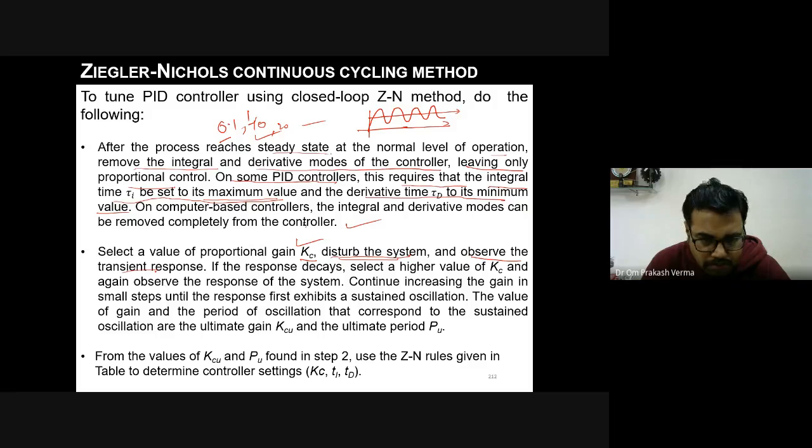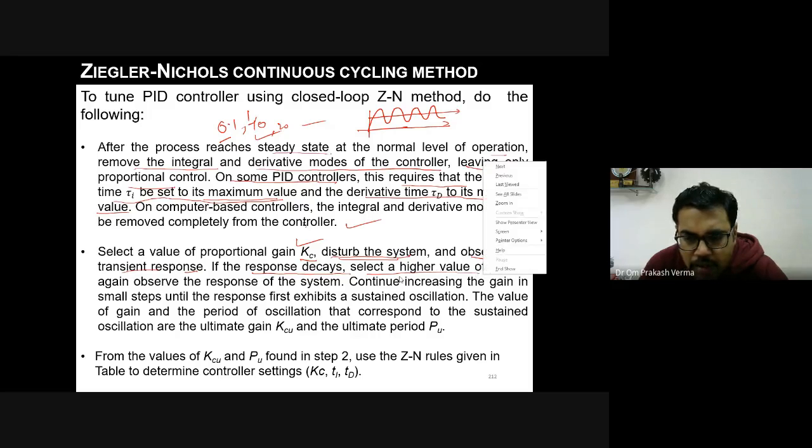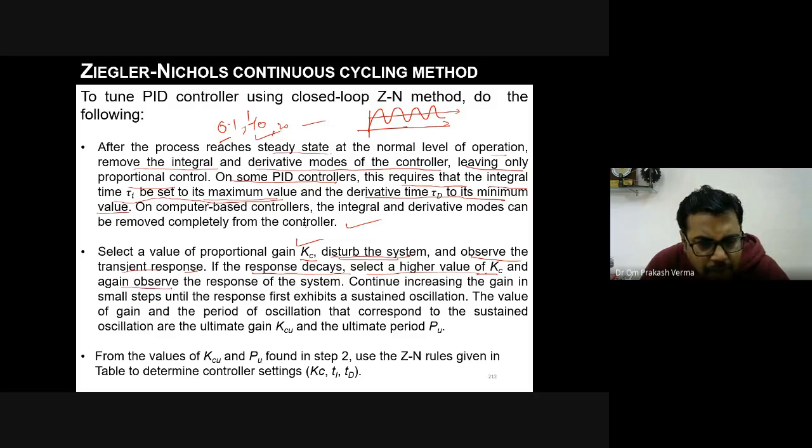If the response decays, then select a higher value of Kc and again observe the response of the system. Continue increasing the gain in small steps until the response first exhibits a sustained oscillation.